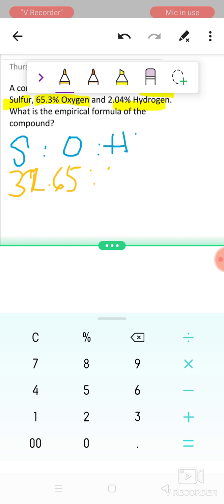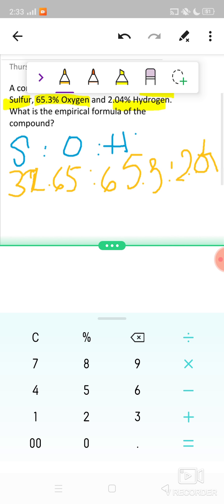Whatever the percentage is, we are going to divide it by its Mr, because every element has a mass.